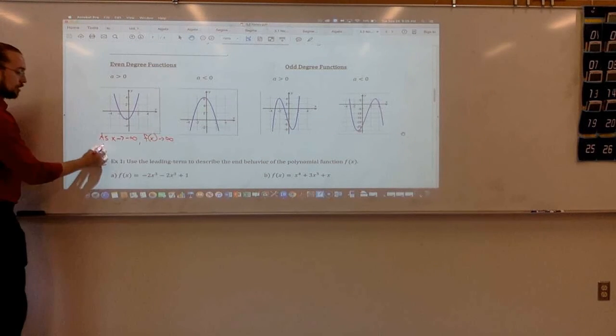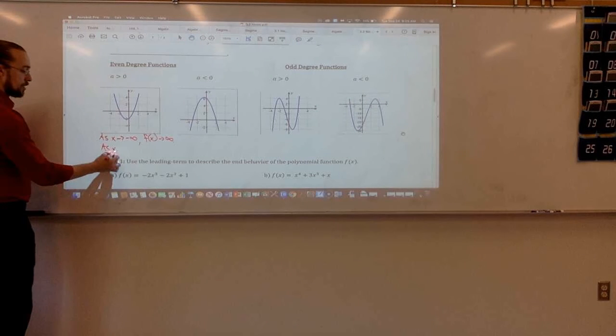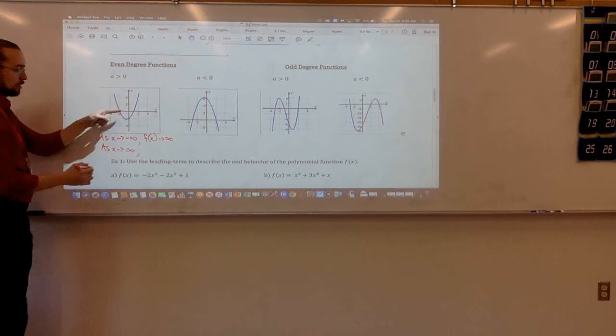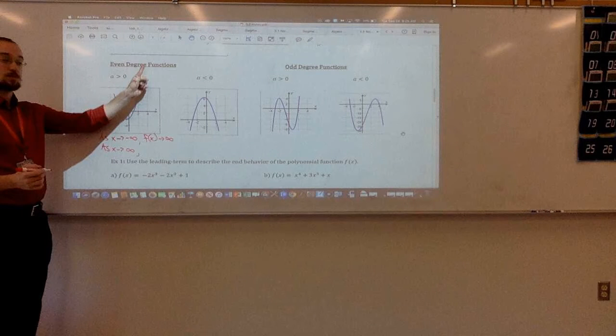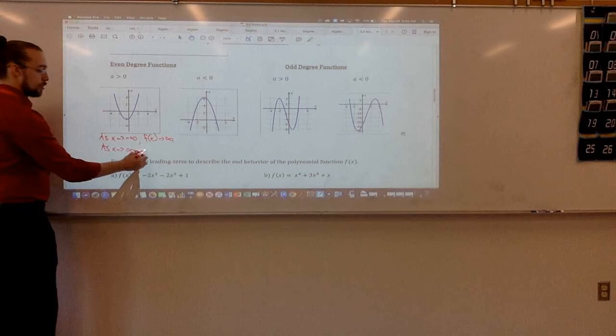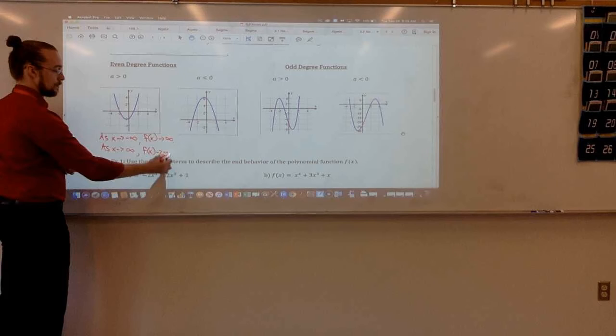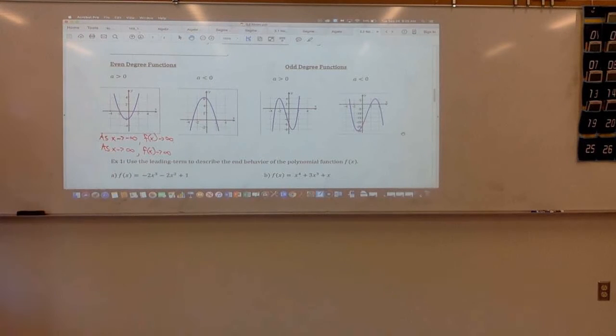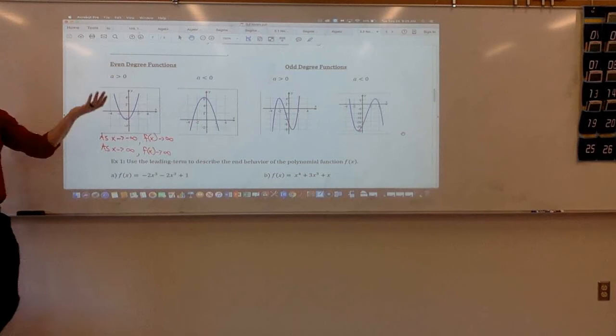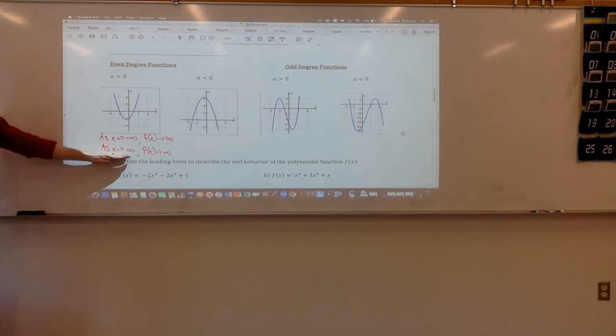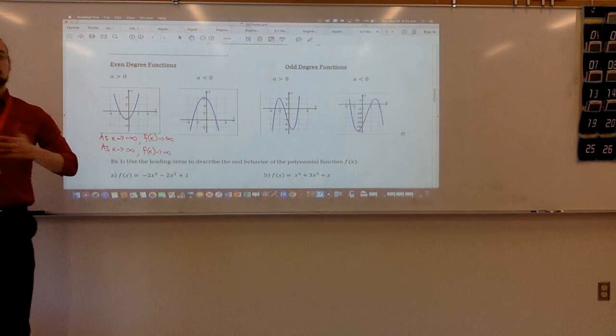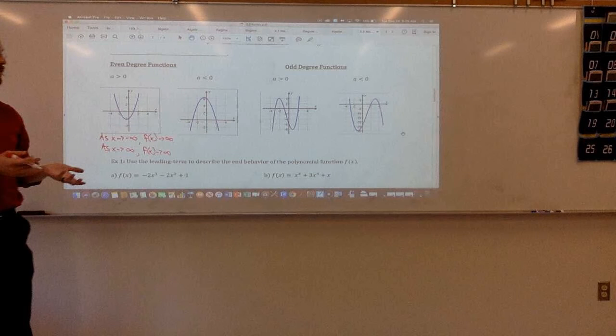Right, then as x goes to positive infinity, f of x also goes to positive infinity. Okay, so when we're describing end behaviors, we'll have two statements, always. We'll have one statement saying as x goes to negative infinity, f of x goes to whatever, and as x goes to positive infinity, f of x goes to either positive or negative infinity.